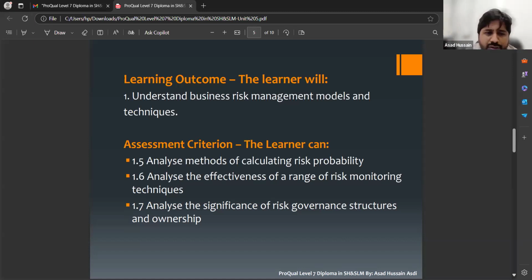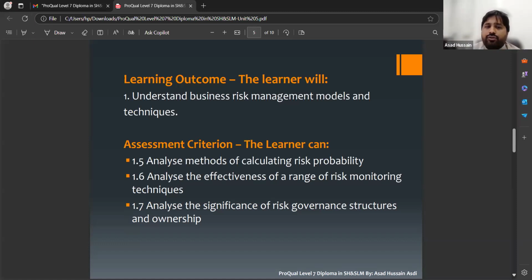So this is the structure. When it comes to risk governance structure, and governance is all about responsibilities and accountability, there will definitely be some ownership, because without making anyone accountable or responsible, you can't say that you have a governance structure.